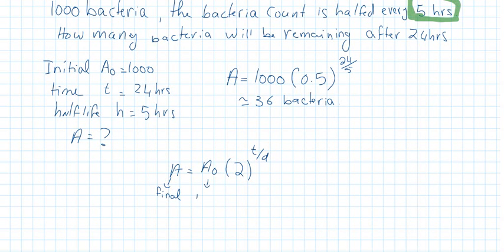It's doubling, so that's why my base is 2. This is the time. And this is the doubling life. So let's say if it doubles every month, then D is 1 month. Okay? This is called the doubling.